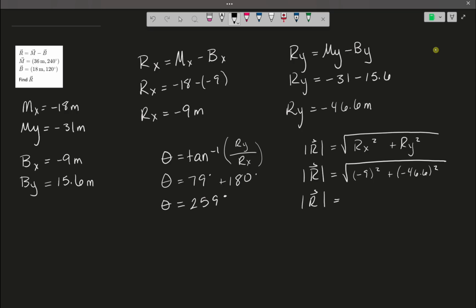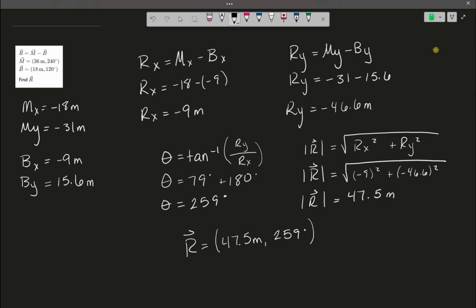Most often people get weird answers because they didn't use enough parentheses. So this is going to be 47.5 meters. So vector r is going to be 47.5 meters at 259 degrees.